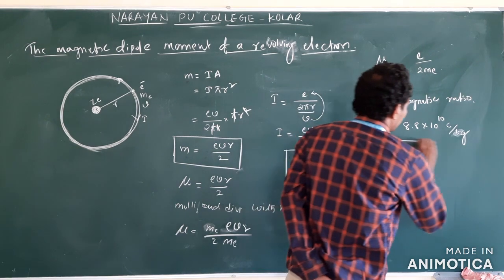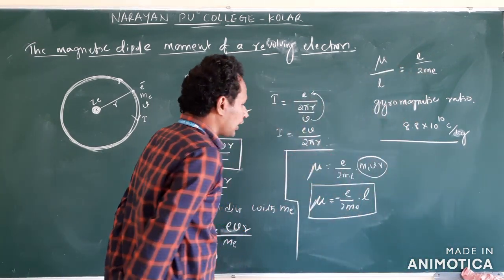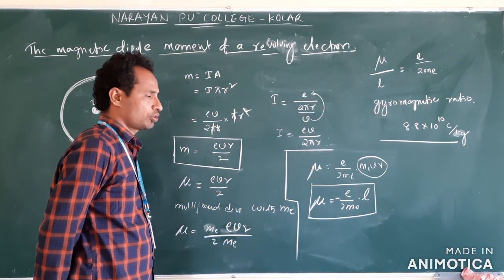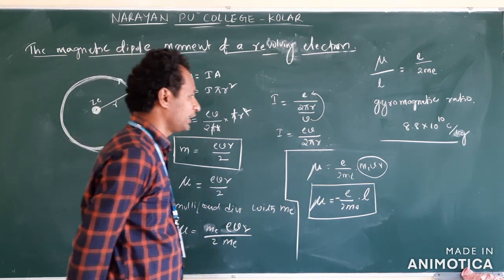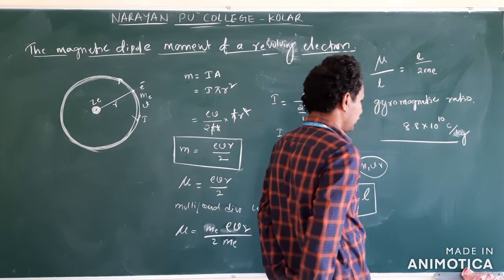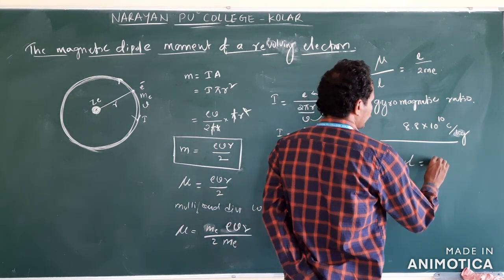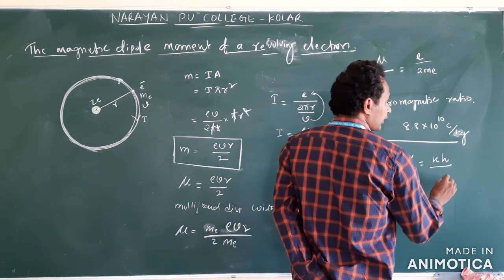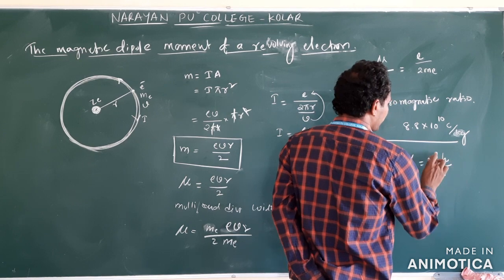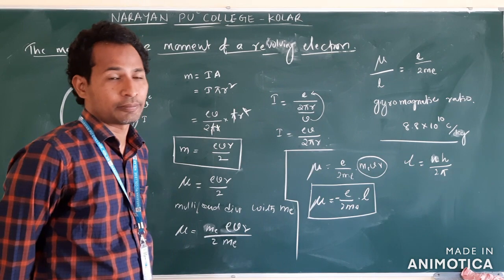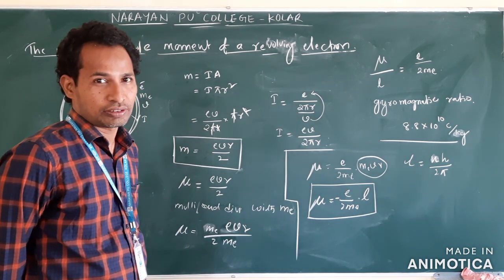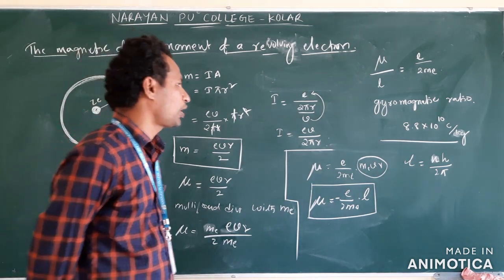Now, another formula. According to Bohr's second postulate, angular momentum is quantized. What is that? L is equal to NH by 2 pi. You already studied angular momentum quantization in Bohr's postulates.